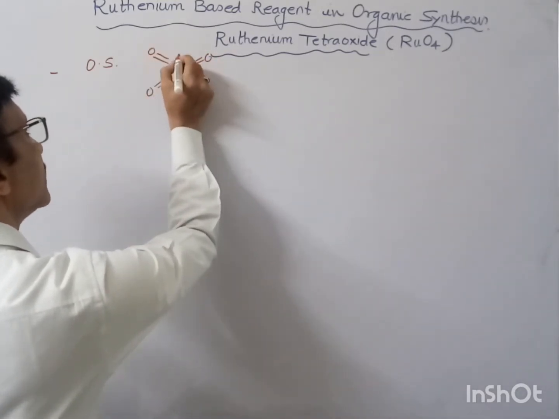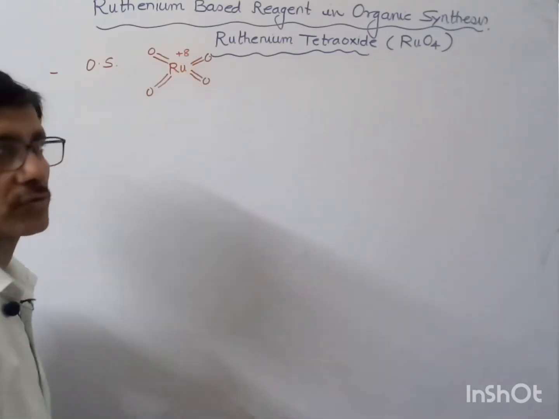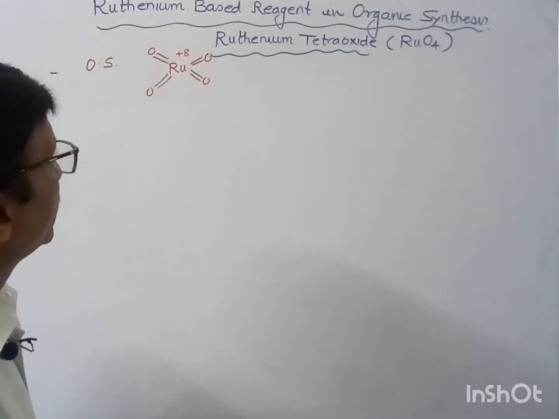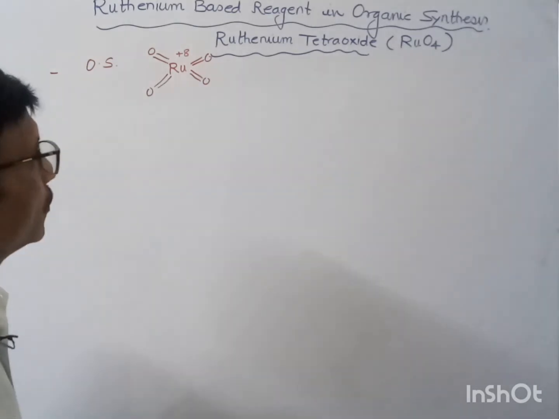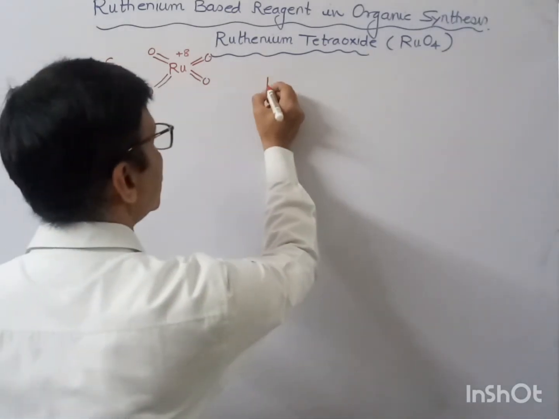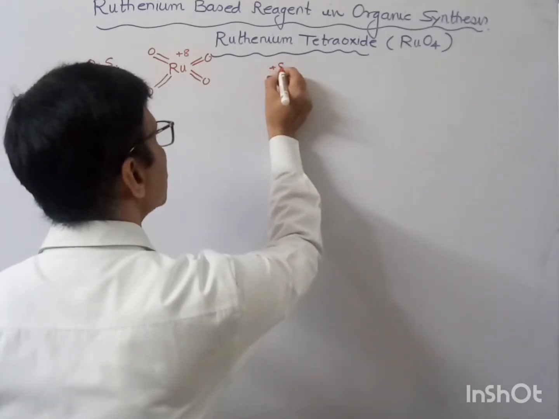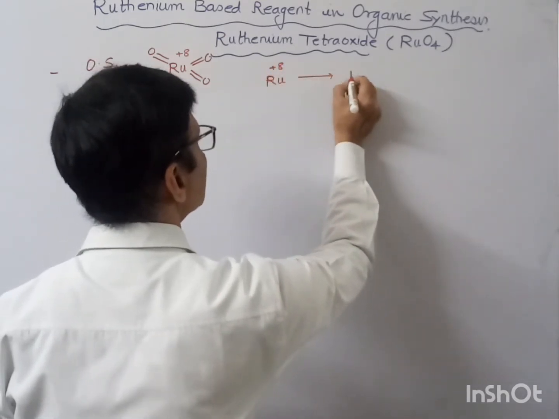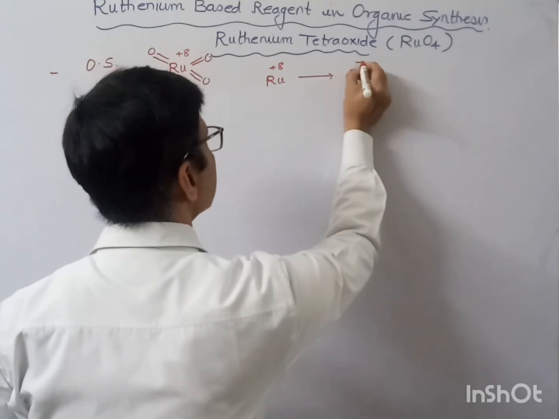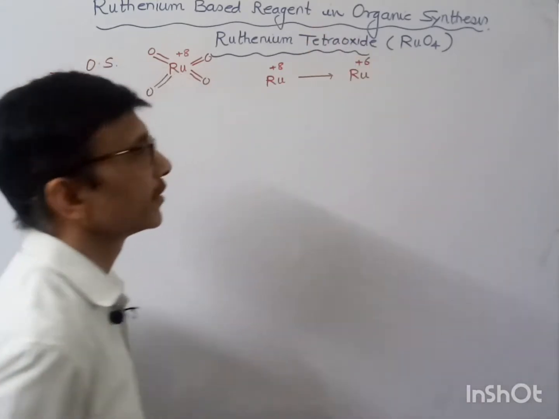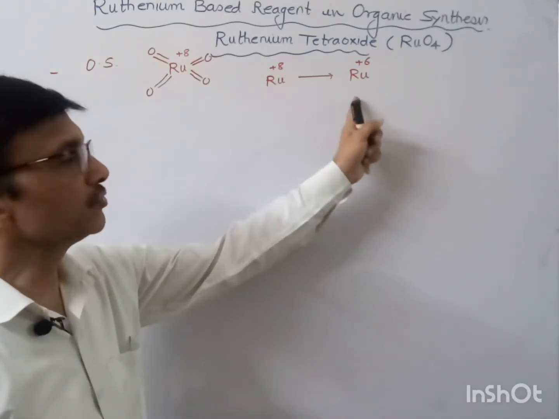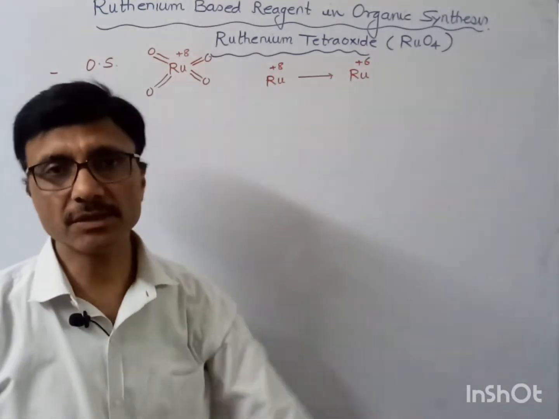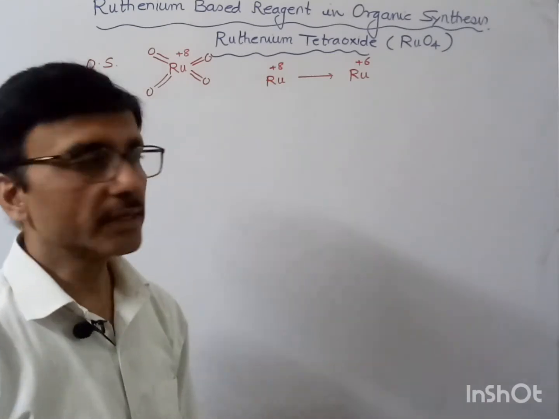Here ruthenium exists in the +8 oxidation state, and it can easily get reduced to the +6 oxidation state. So it is going to reduce, and it can oxidize some other organic substrate molecule.